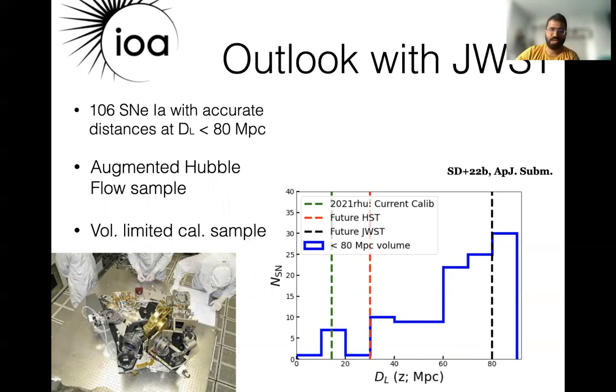And with the augmented DR2 sample, we will then have a volume limited calibrator sample that has a large number of absolute distances. And we can reach below around a 1.5% level accuracy on H0 with this entire range of distances that we have. So the supernovae already exist, and now we will go beyond the 40 megaparsec level and get distances with James Webb.